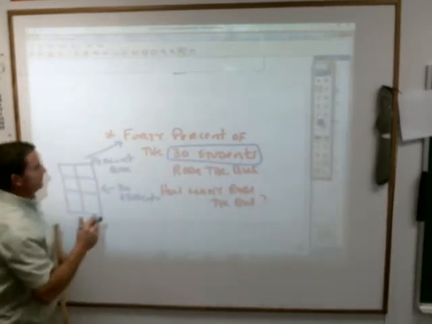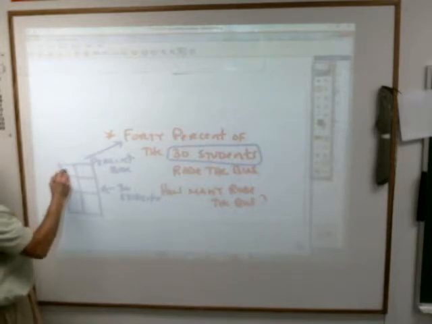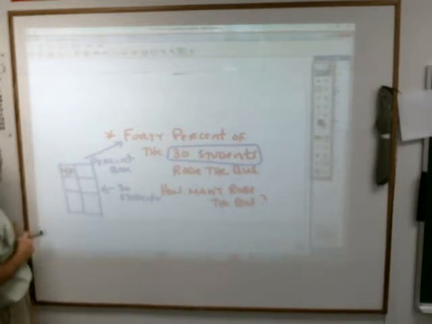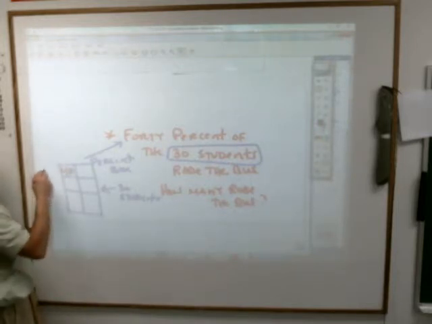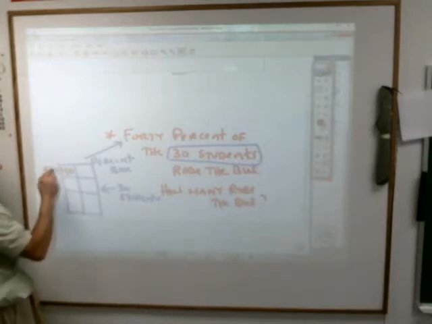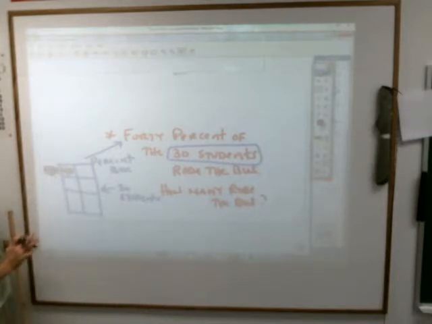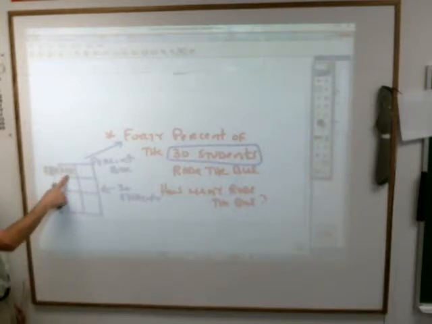What percent do I have? I got 40% of those students. They ride the bus. Well, here's something you probably won't need to know right off the bat, but if 40% ride the bus, what else can I deduce from that?